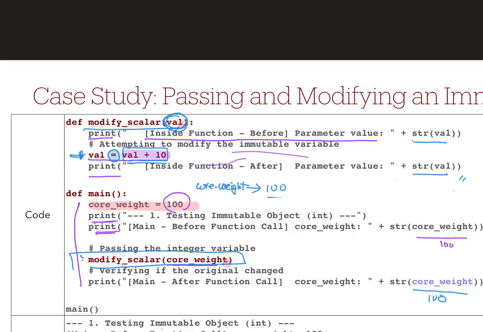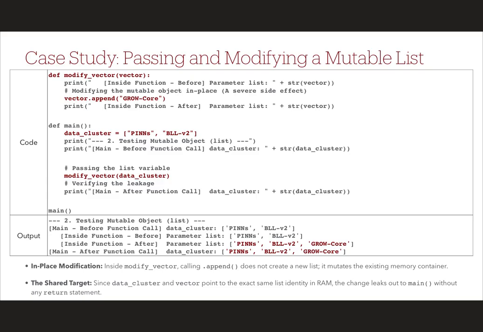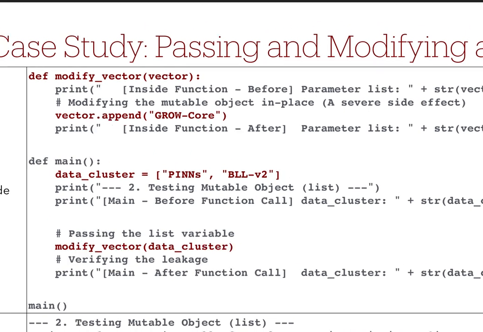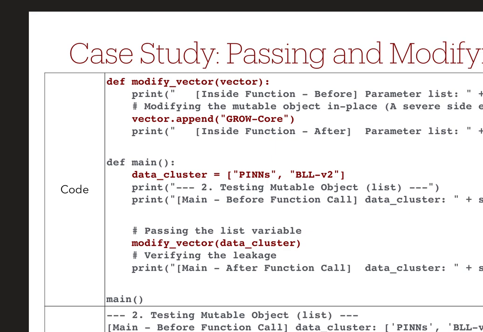Okay, then let's consider another example. So now I have a slightly different function called modify vector, and the parameter is named vector, and the shape is almost the same.